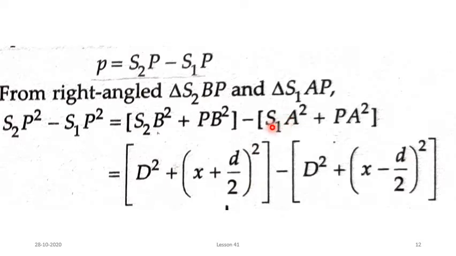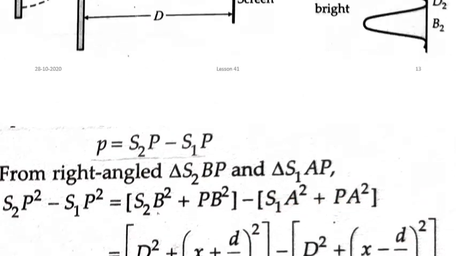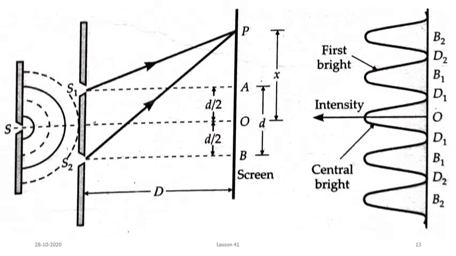Now similarly, S1A square and PA square. S1A is the distance of the screen from the source, and for PA, to find out this distance, you know the distance of point P from O is x, and this distance is d by 2.